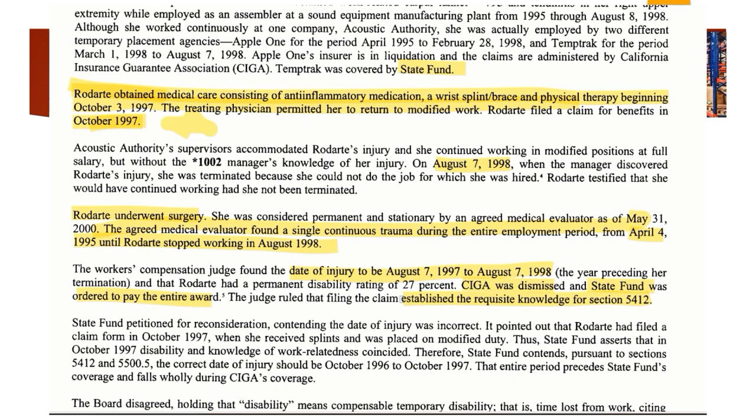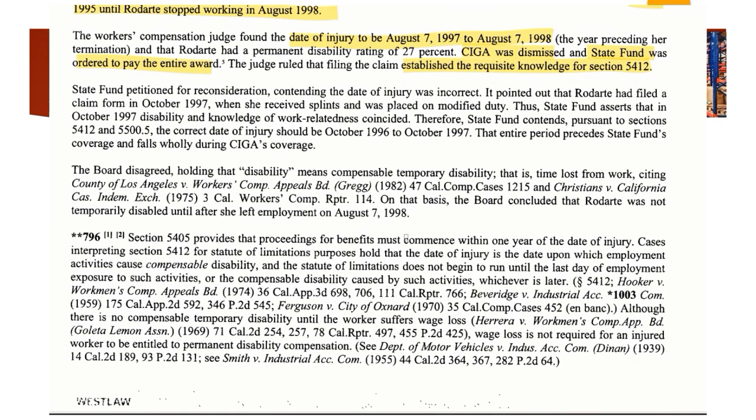The only thing left to establish the date of injury was the disability. So State Fund contended that both the knowledge and the disability began in 1997, but the finding is that even though the knowledge was established in 1997, the disability was not established until later, when it was established by the medical evaluator. And this is important for us in our medical evaluations that involve these exact types of cases.